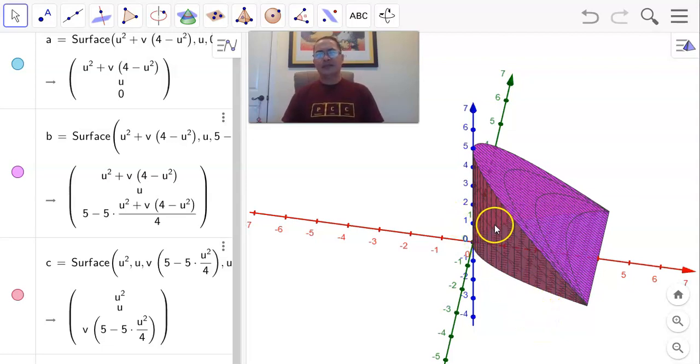Except, who is this surface? Well, it came from the cylinder. It's a cylinder, right? So it is x equals y squared. So we need the y on the left and the y on the right. So you're going to need y equals square root of x, negative square root of x.